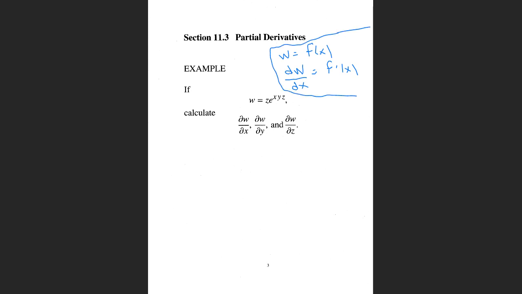But in this case, w is a function of three variables, so you have to use the var theta symbols, because these are partial derivatives. Are there any questions on that?